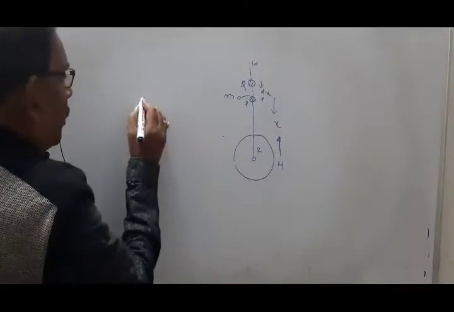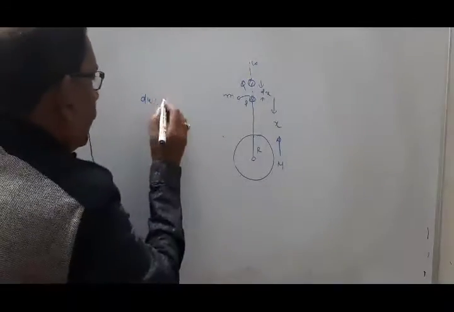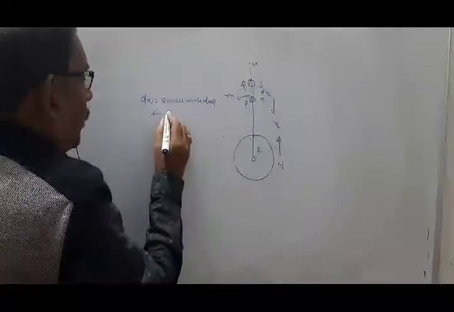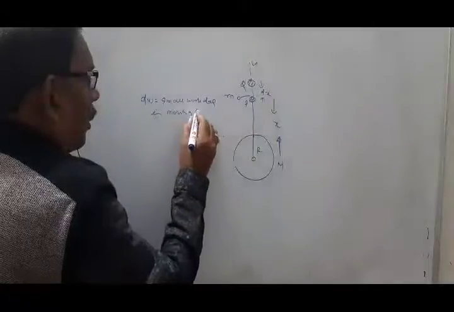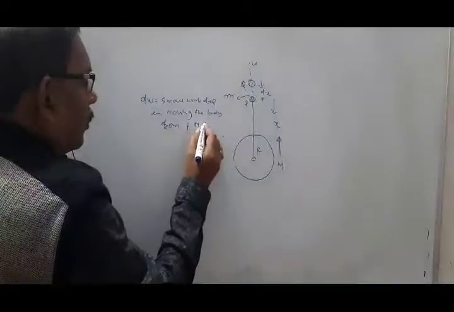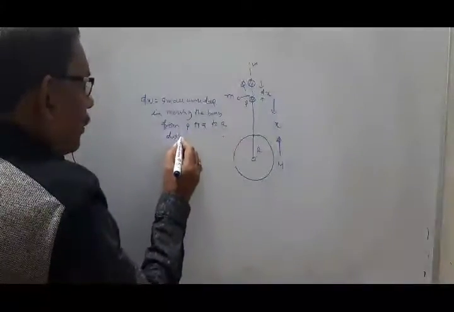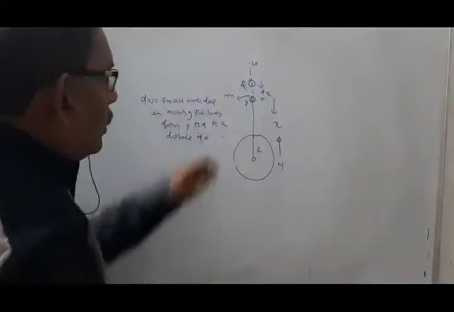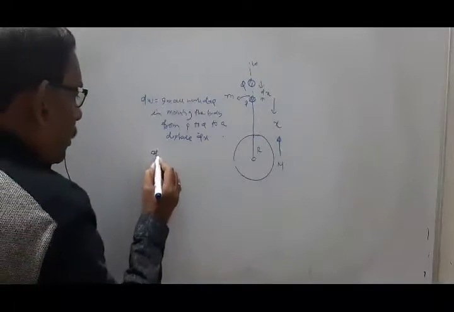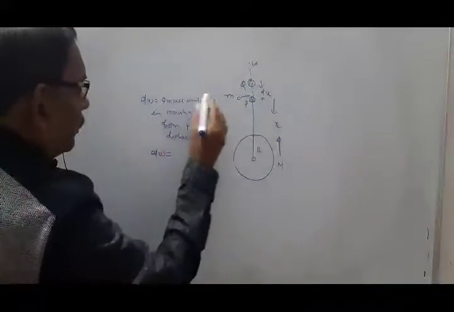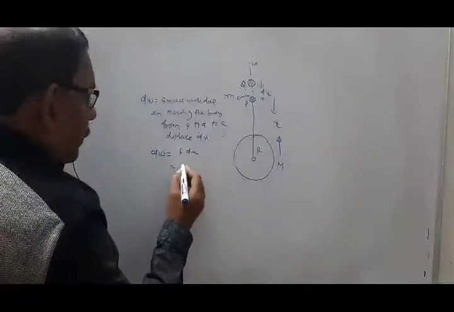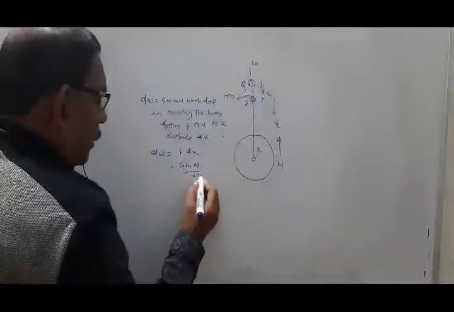So dW is the small work done in moving the body from P to Q through a distance dx, as already shown in the figure, and this work is done against the force of gravity. Here dW = F dx = GMm/x² dx.